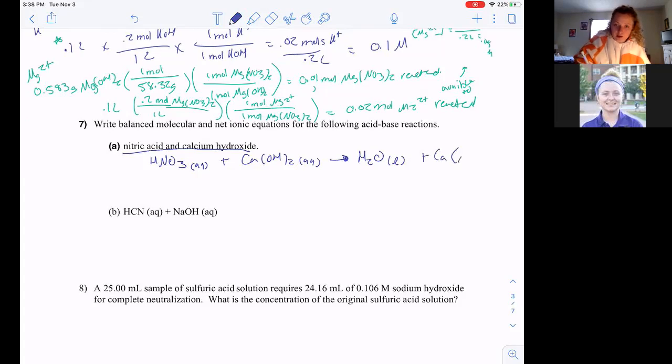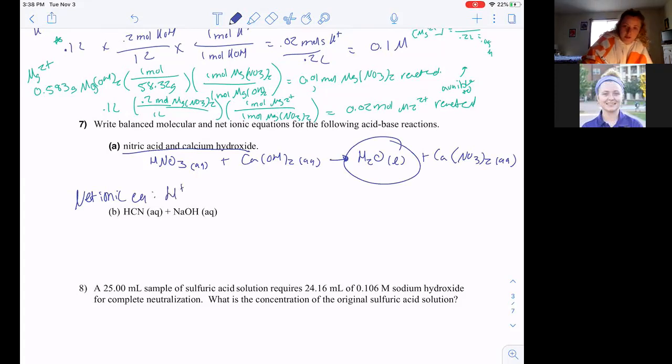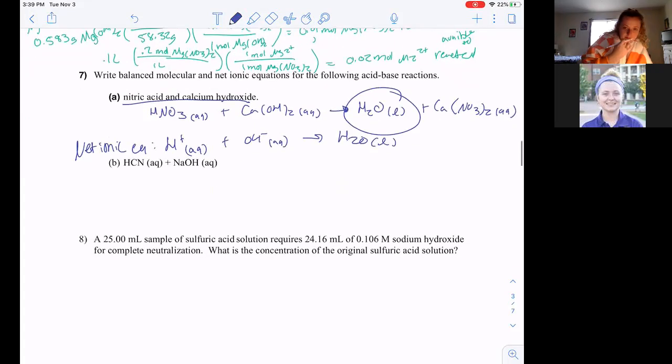Plus CaNO3, 2, which is aqueous. So then this is what is going to be our net ionic equation. You need to balance it to figure out what you're going to have. That's going to be H plus, which is aqueous, plus OH minus, which is aqueous, goes to H2O, which is a liquid. So then this, we've got to balance it and figure out what's going to happen.